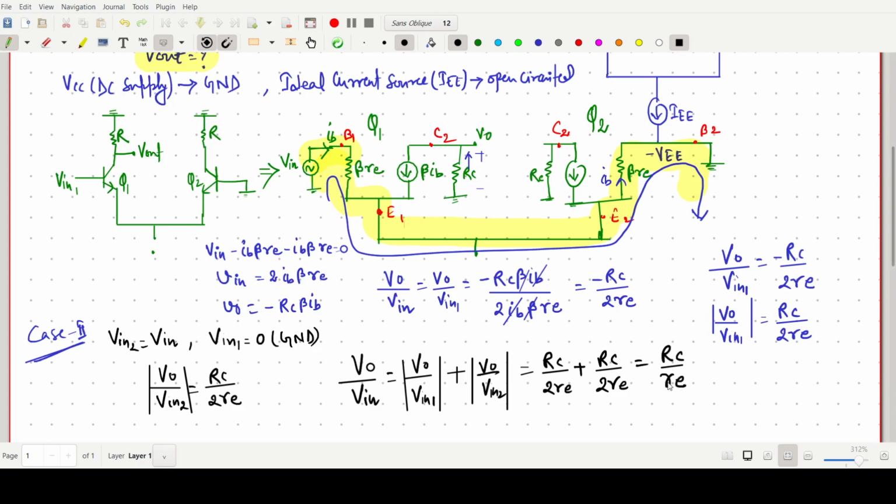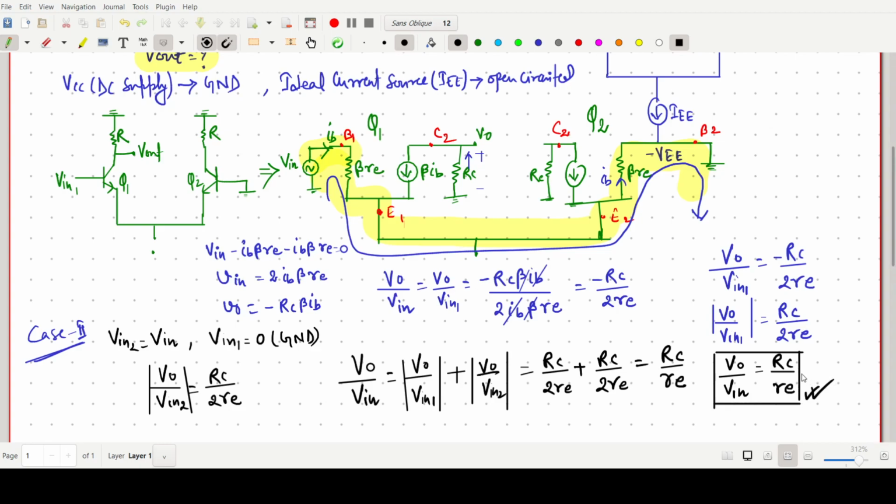Now our problem is also solved. How? This RC by RE is the overall gain.